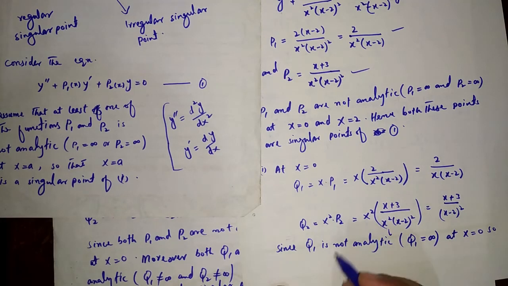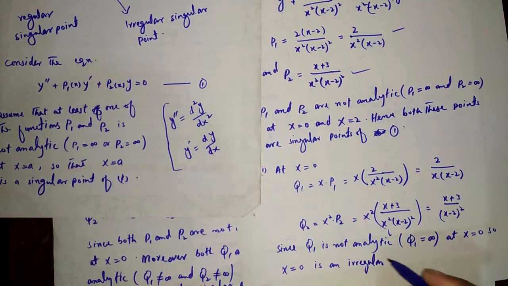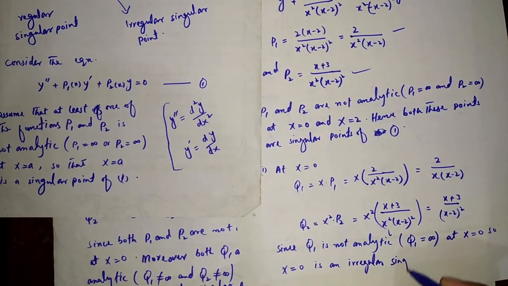So x equals 0 is an irregular singular point.